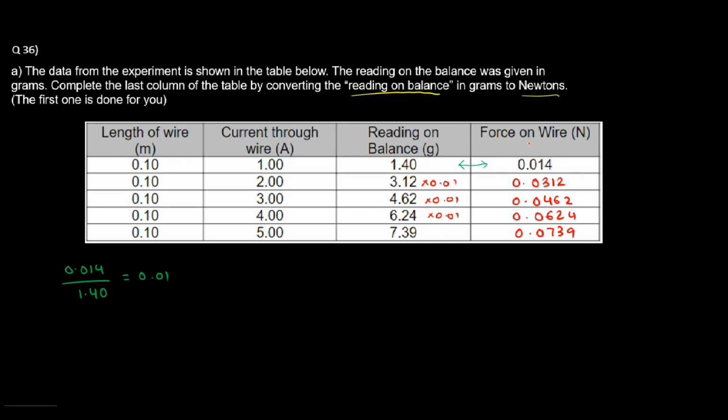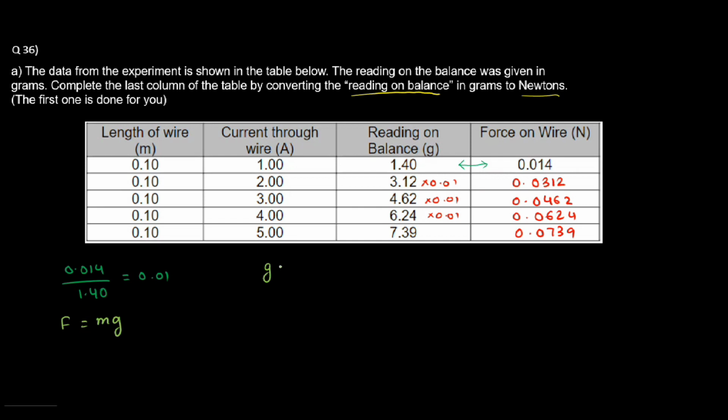If they do not give you the first value to make comparison, you can always use the relationship between force and mass to find it. We know that force is equal to m into g. So first, all of my reading on balance, which is in gram, I will convert to kilogram.